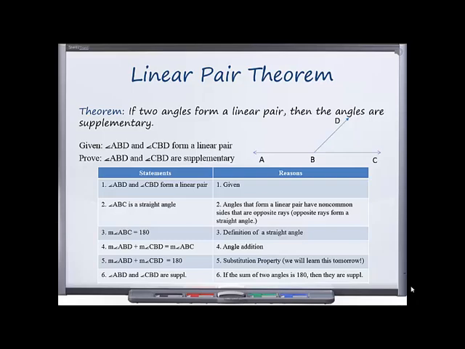That's just a substitution property. It's nothing earth-shattering, nothing you haven't used before. We just haven't formally seen it in geometry yet. Therefore, if the sum of those two angles is 180 degrees, we can conclude that those two angles are supplementary.